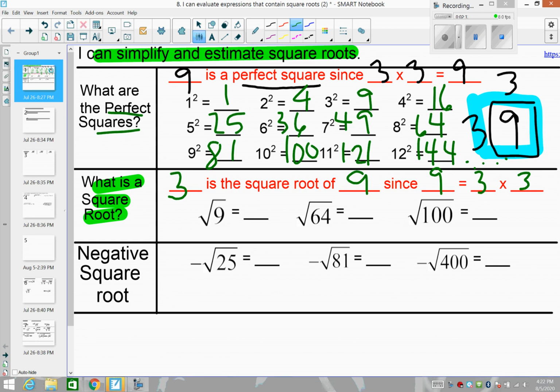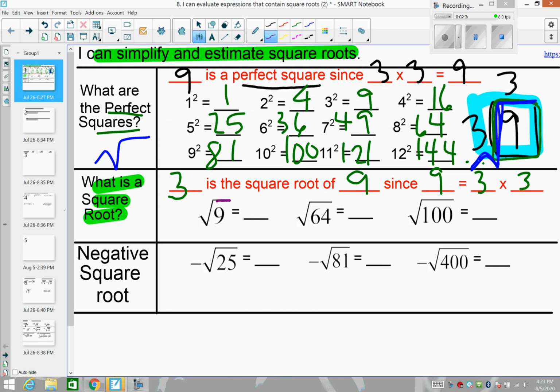So what are we doing there? Well, we have this square that's 9. And when we take the square root, we use this symbol. This is the square root symbol. So if we take the square root of 9, we're asking what's the side length of that square, and the side length of that square is 3.